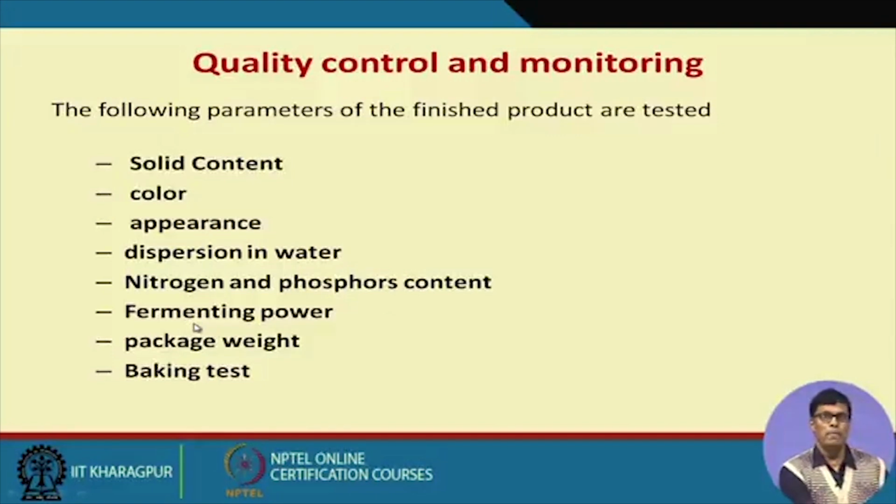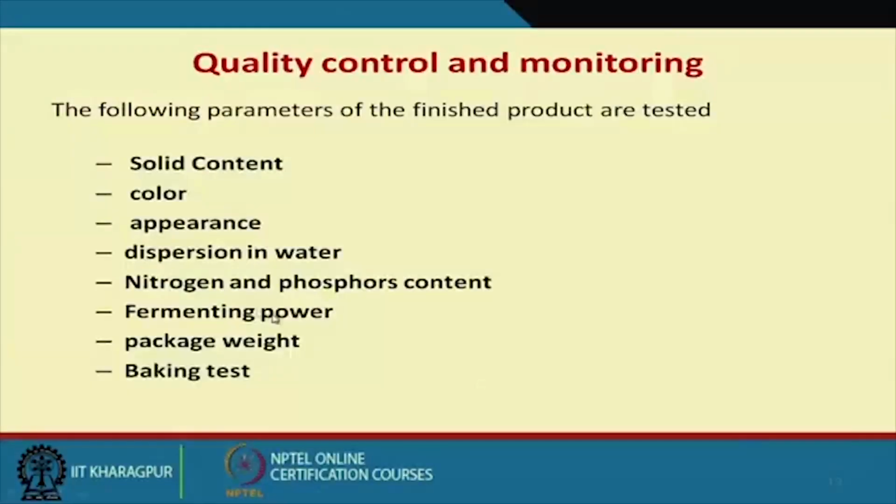Fermenting power means how quickly it ferments the substrate. That is very important. If the fermenting power is high, the time required for the fermentation process will be less. Otherwise, it will take a longer period of time.